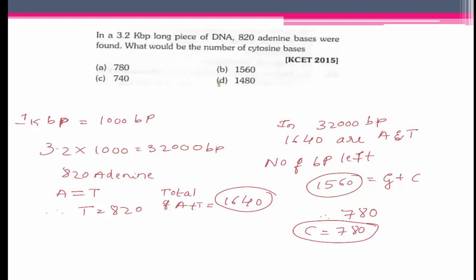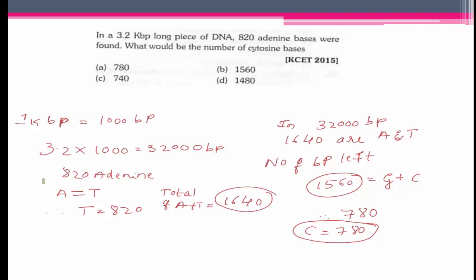So 1 kilo base pair is equal to 1000 base pairs. How many kilo base pairs are given in the question? 3.2. So 3.2 into 1000, it becomes 3200 base pairs. Among them, adenine is given, it is 820.